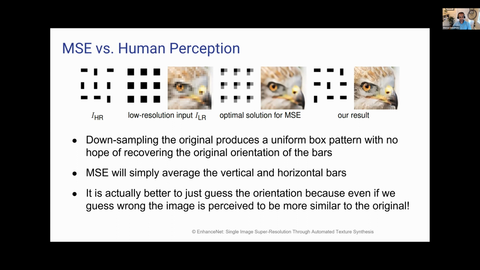The image all the way on the right looks much better than the image in the middle, even though the information in it is wrong. So even though the information is wrong, it's the better model, and it allows you to create edges and details. Some of those details might not be accurate, but they'll be perceived to be much, much better than the MSE.